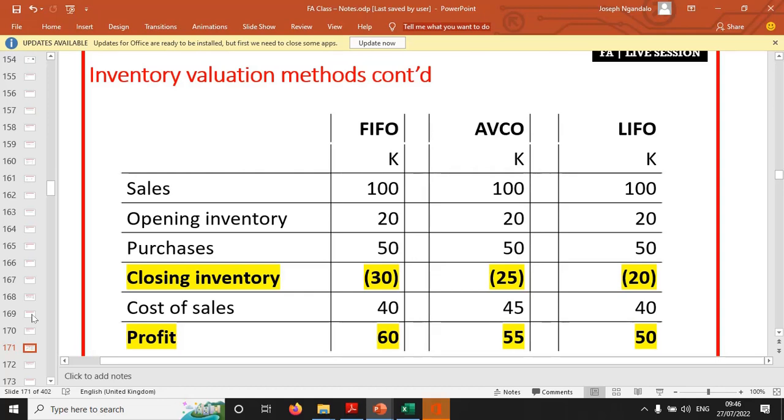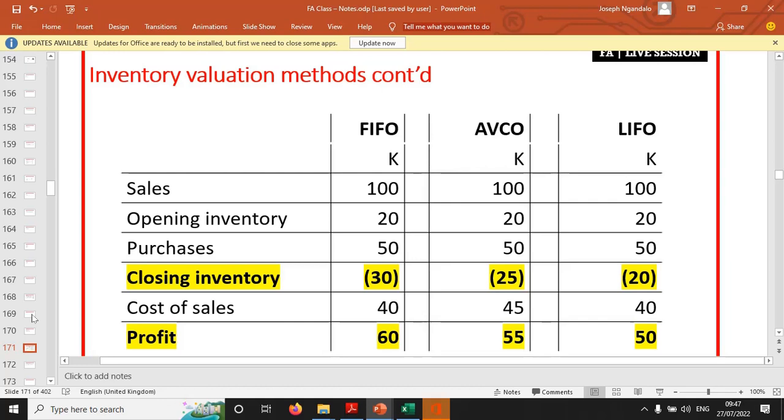When you have got a lower closing inventory, your cost of sales will be high, and therefore your profits will be less. And AVCO is a compromise of the two. So from today on, the higher the closing inventory, the higher the reported profits.